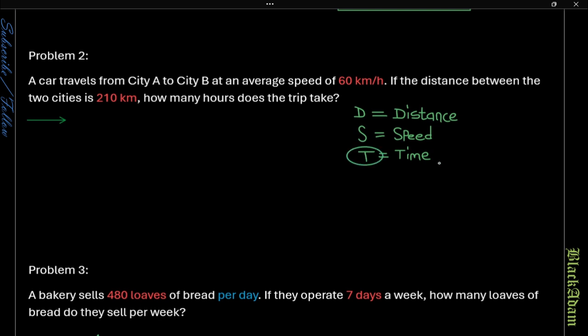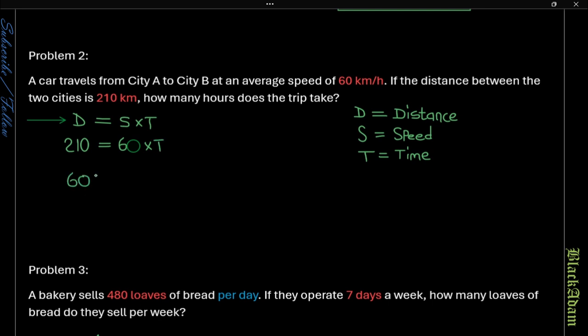Okay, so what we have there, so that's t, and from there we say distance is equals speed times time, and then our distance is 210. So we write 210, and our speed there is 60 kilometers per hour. So we have 60 there multiplied by time.